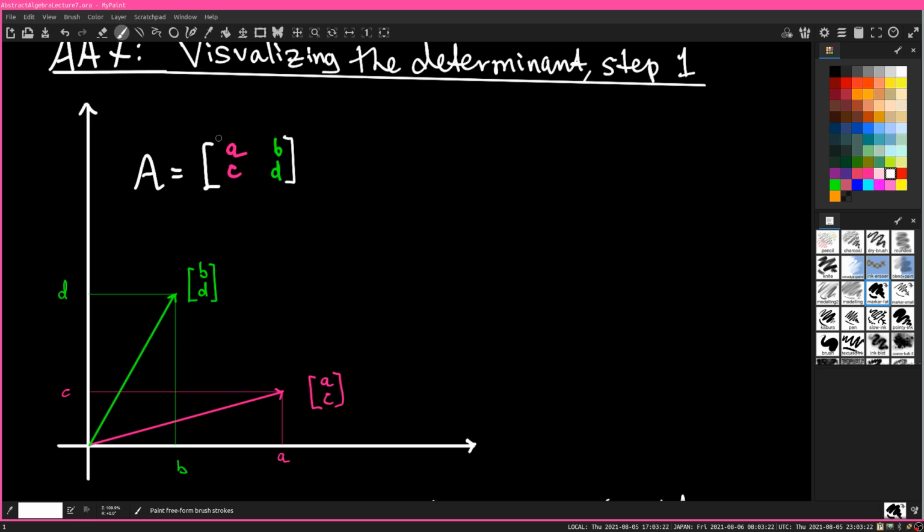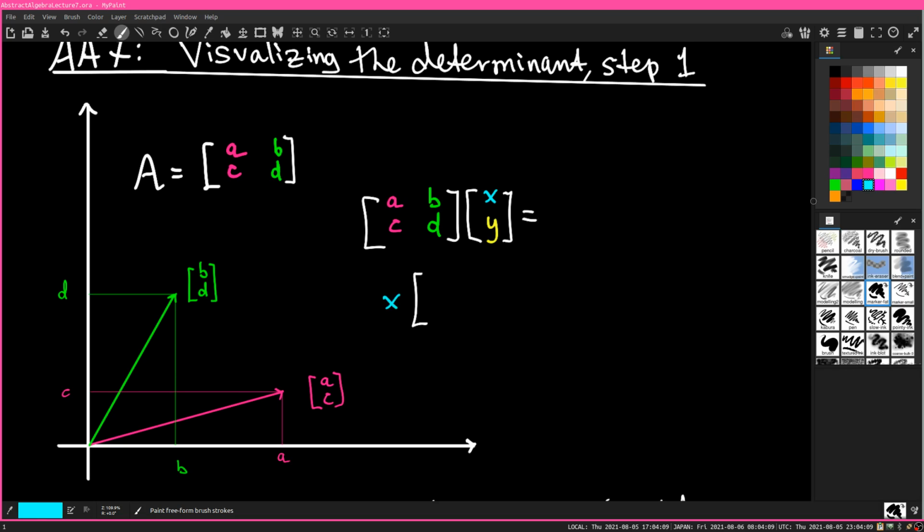When you take this matrix A, with rows A, B and C, D, and multiply it by x, y, I do the colors because it's easier for your mind to track them. This is equal to x times the column (A, C), plus y times the column (B, D).